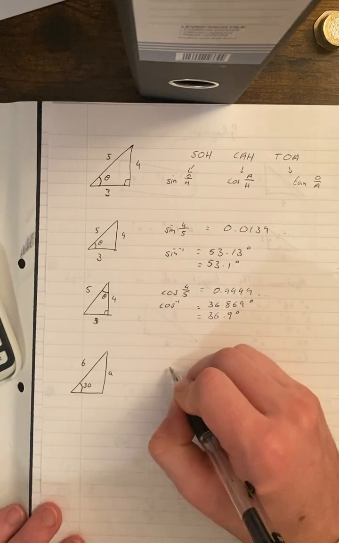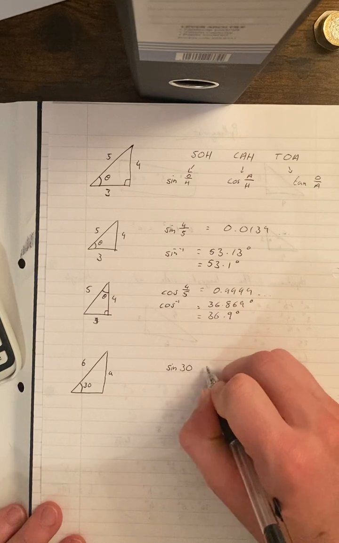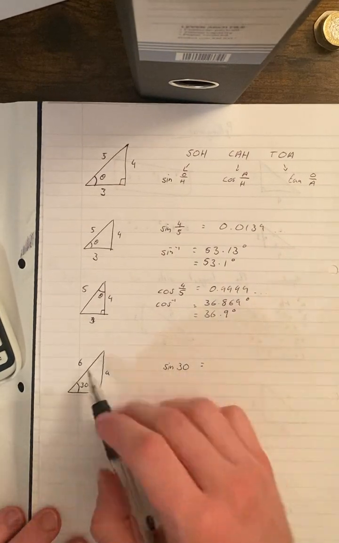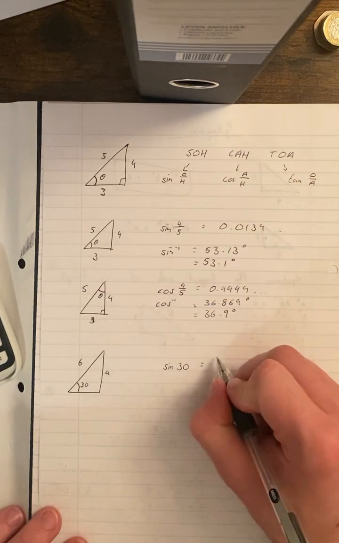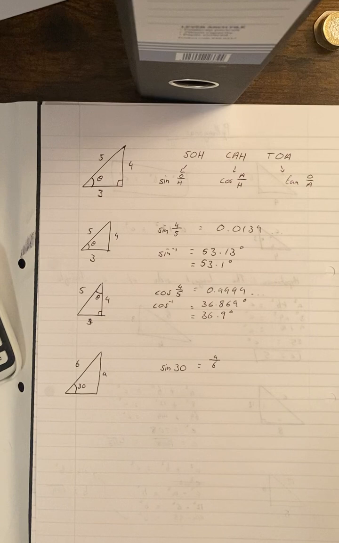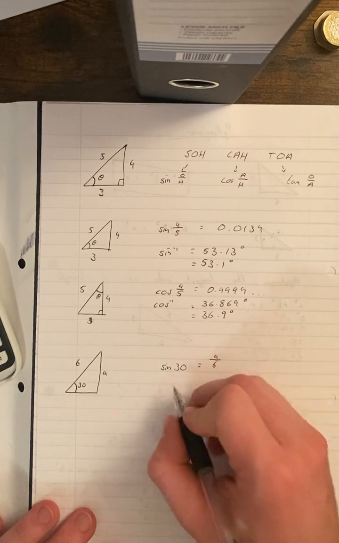So you can say the sine of the angle 30 is equal to the opposite over the hypotenuse. So that's going to be A over 6. So we can then find A, so we can times both sides by 6 to get rid of the denominator here.